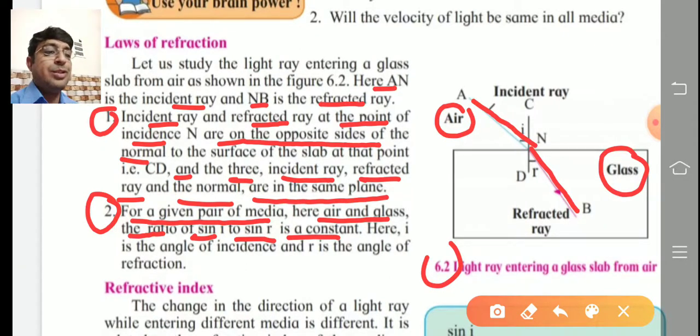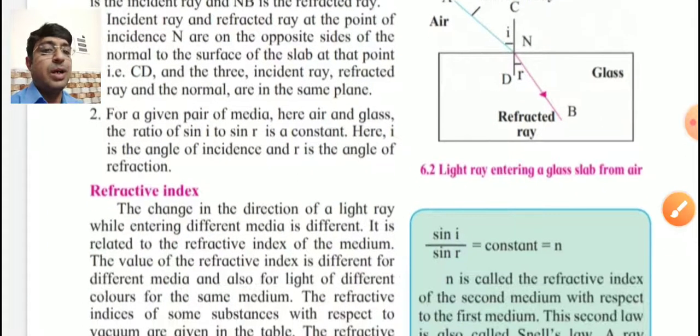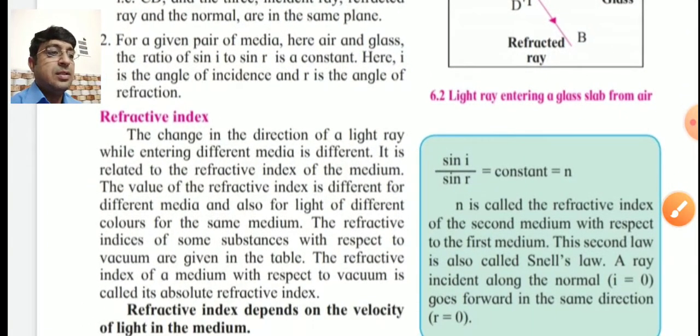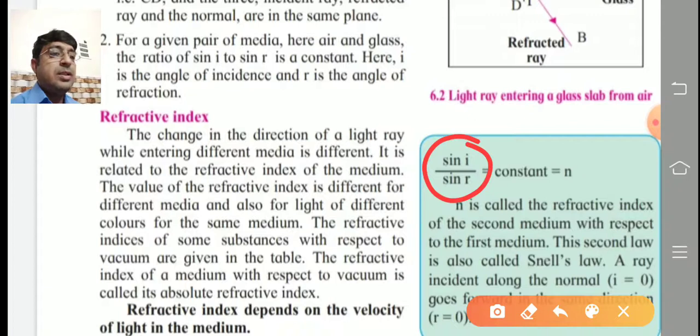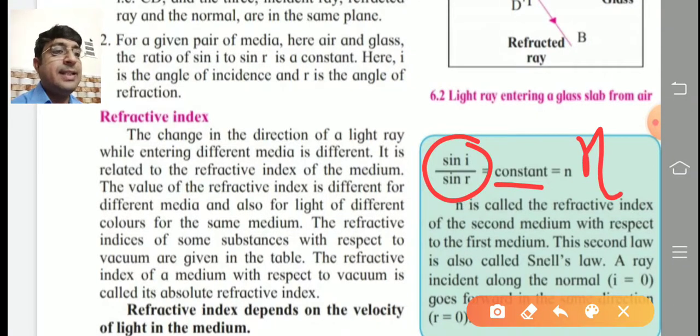So these 2 points you write in the answer, so you are getting 2 marks. This ratio, sine i upon sine r, is a constant, and that ratio is indicated by a symbol like this, that is the symbol for refractive index.